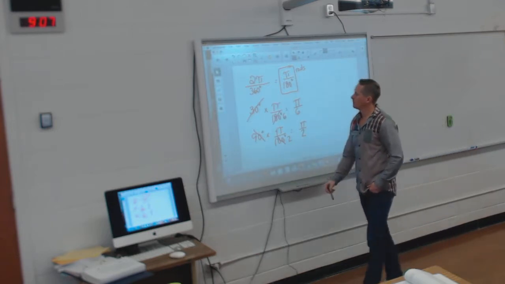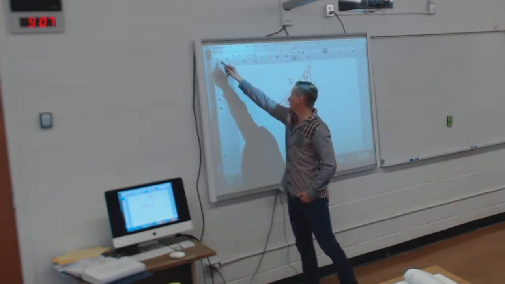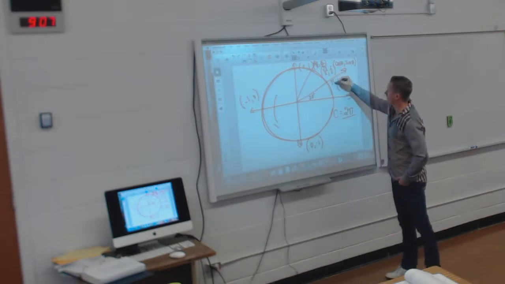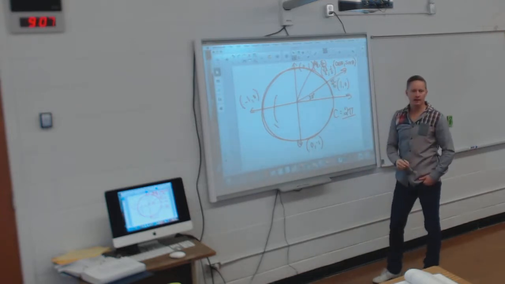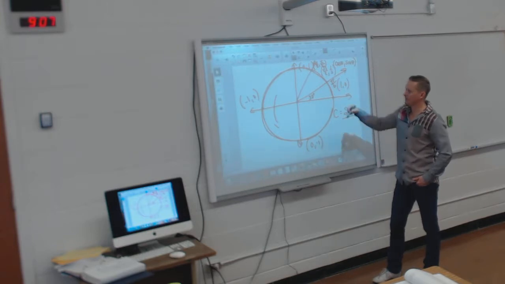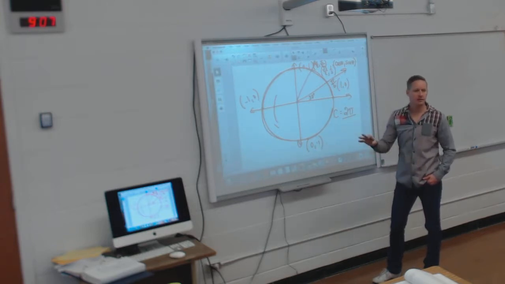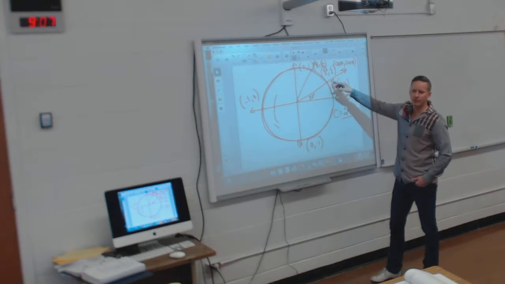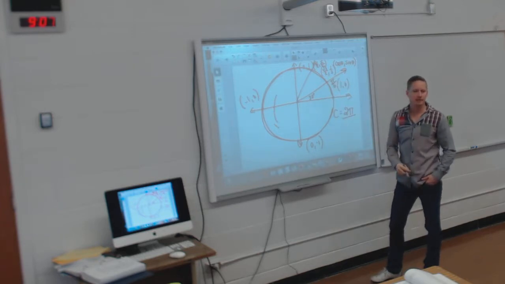So now, we would go around the circle, and we would label them. So this is pi over 6. Right? You don't need to put this in. We're going to go through this in its completion in a minute. So pi over 6. What's another 30 degrees then? How many radians would I add on to that?